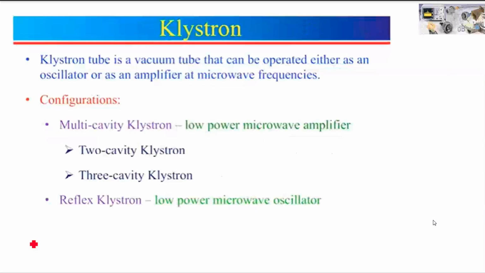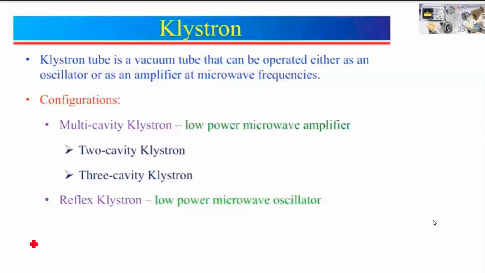So let us start with klystron. As you can see, the specification of klystron is being shown here. Basically, a klystron tube is a vacuum tube that can be operated either as an oscillator or an amplifier. When I say oscillator, it corresponds to a reflex klystron. When I say amplifier, it corresponds to a multi-cavity amplifier, like 2-cavity, 3-cavity, 4-cavity.